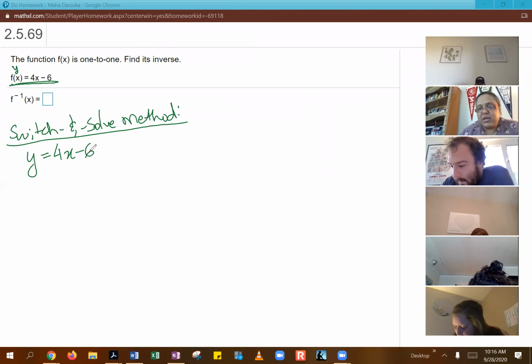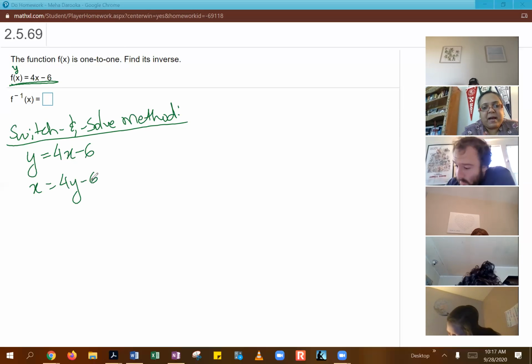The switch is basically where we are now going to switch our x and y variables. So we're going to do a little interchange over here. Instead of y, I'm going to write x, and instead of x, I am going to write y. And the solve is you want to get y by itself now, right? So move everything else to the other side.